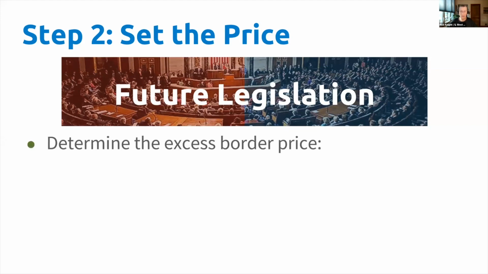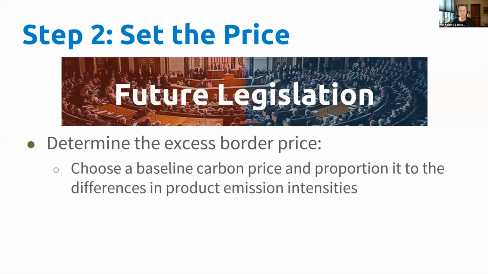So to determine the excess border price of the product, choose a baseline carbon price and proportion it to the difference in product. And Dana already explained this difference in emissions intensity. So for example, let's say the baseline price is $50 a ton of CO2 equivalent. And the embedded emissions in a ton of American steel comes to 1 ton per ton of steel.